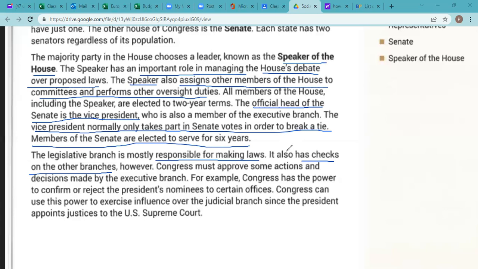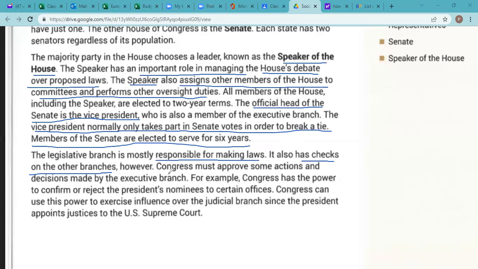If for some reason the executive branch does not approve it, it may even be able to go to the judicial branch to get approved. And that's the 2/3 law that we're going to be talking about. Okay. So it says here that Congress must approve some actions and decisions also made by the executive branch.